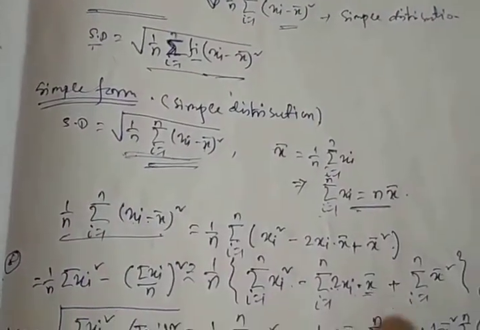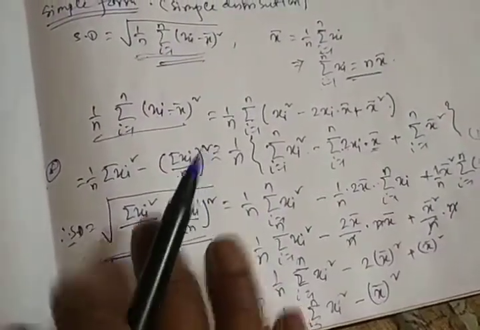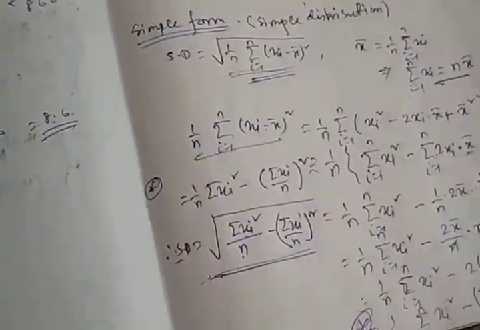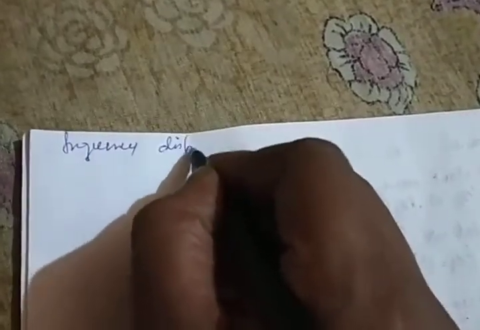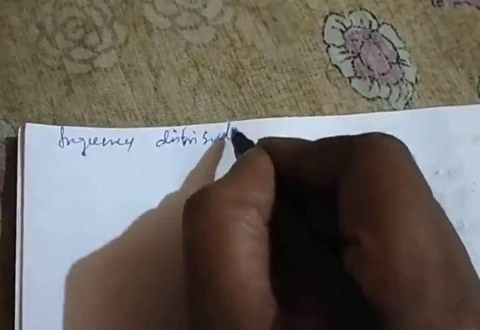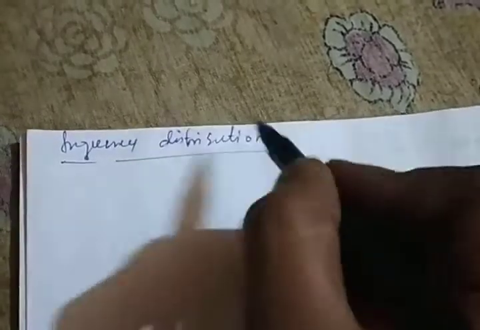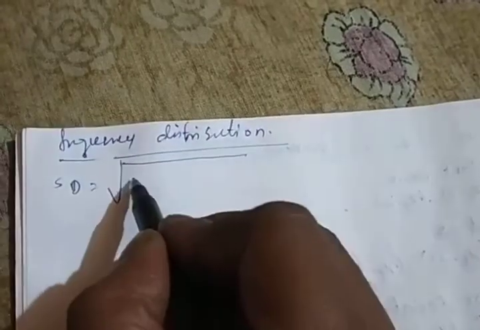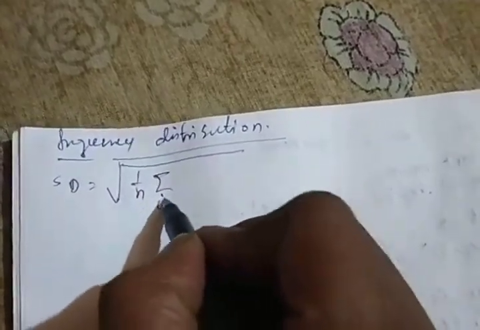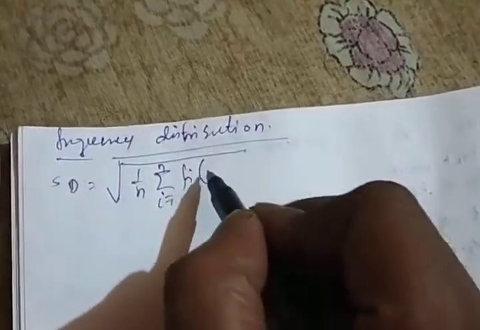Now, for frequency distribution, the simplest form of the standard deviation: we know the standard deviation is root of 1 by n summation i equals 1 to n fi (xi minus x bar) square.